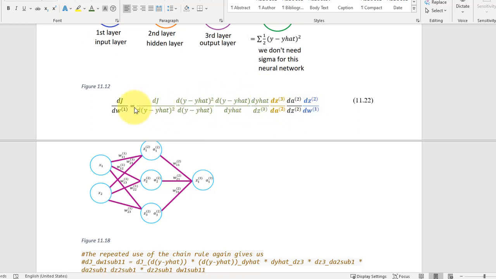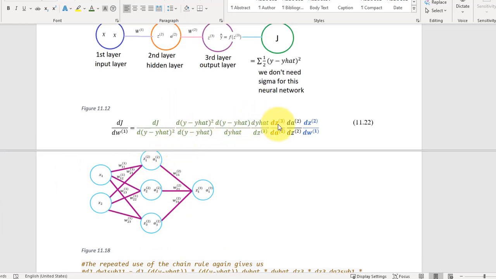Well, here's another way to express this. Delta 3 is basically all of this green stuff. So delta 3 takes us all the way down to this term here, the gold one, dz3 dA2.